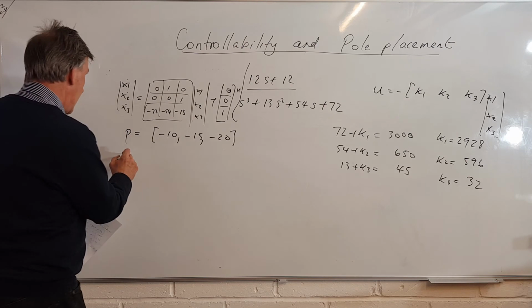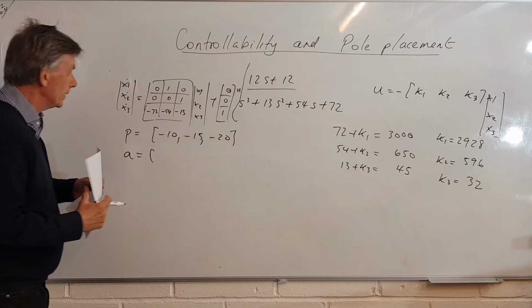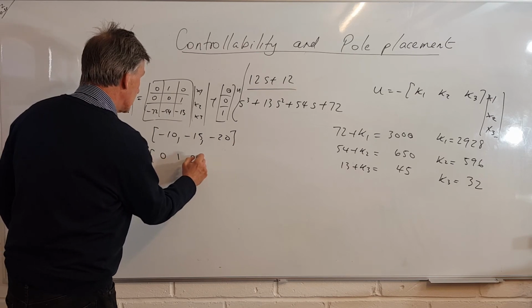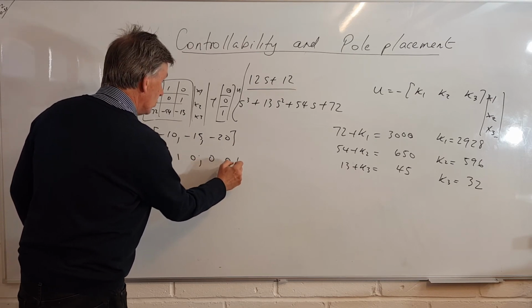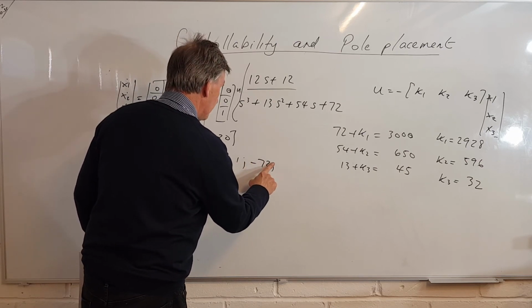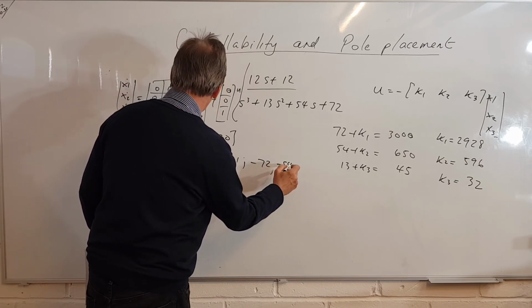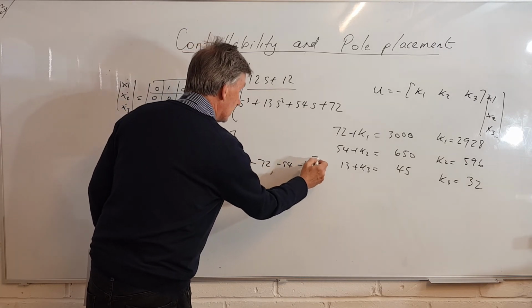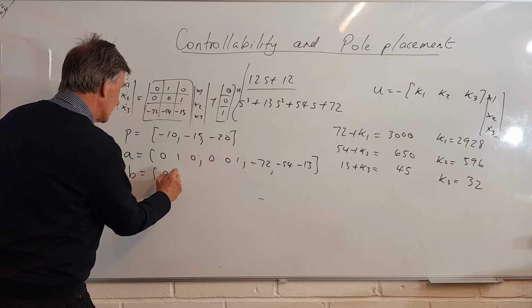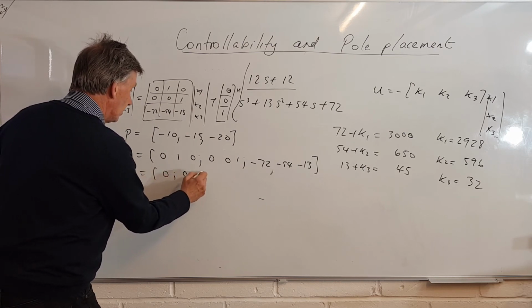We could then put A equal, and then we can put this matrix in now, so it's going to be 0, 1, 0, semicolon, 0, 0, 1, semicolon, -72, -54, -13, close square brackets. Put the B in as 0, semicolon, 0, semicolon, 1.